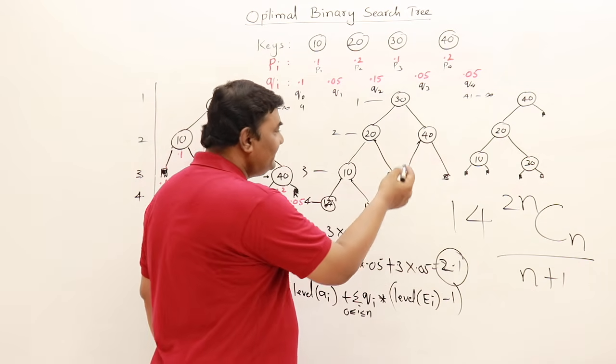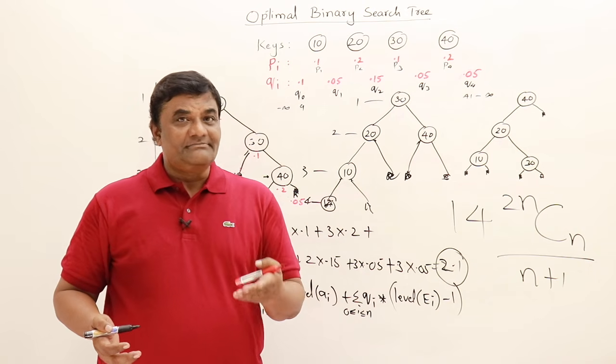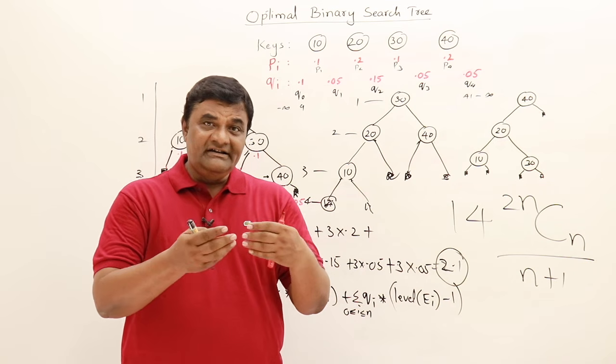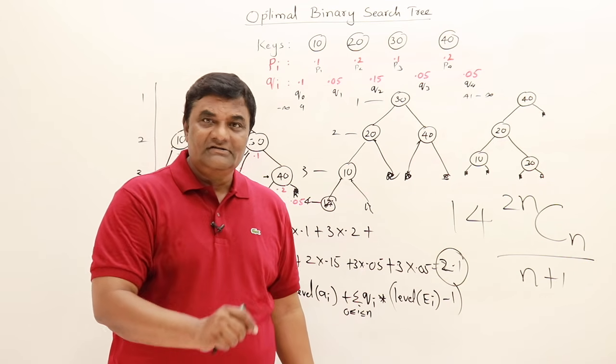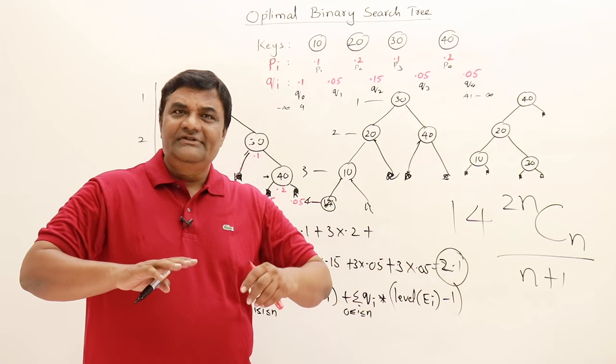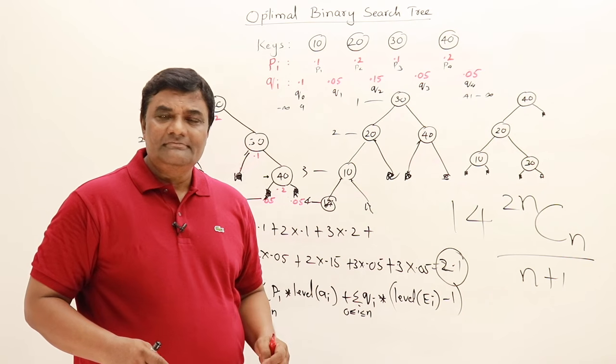So for 4 keys, 14 trees are possible. If I have 40 keys, is it practical to try all possible binary search trees, find their cost and select the minimum one? No, it's not possible. But is it possible that we find the best tree without generating all of them?